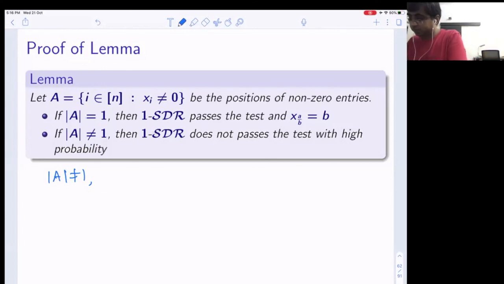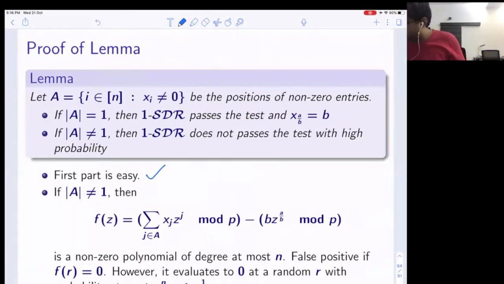Unfortunately, my pen is less charged. So if |S| is not equal to 1, then look at the corresponding polynomial f(z). What is this? This is basically C, and I'm subtracting B times z^(A/B) mod P.